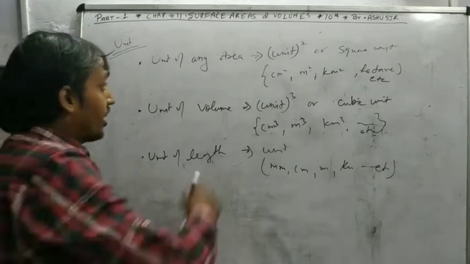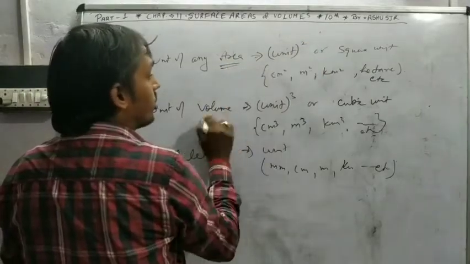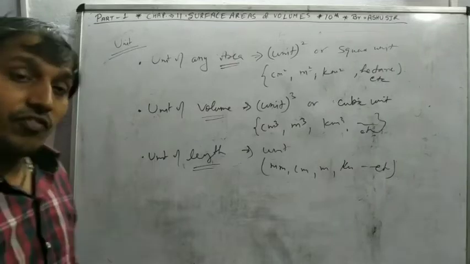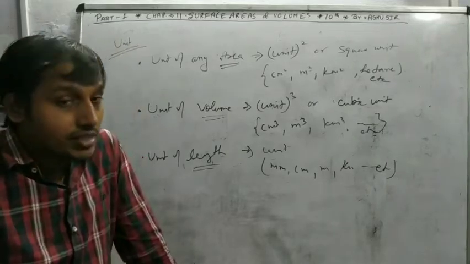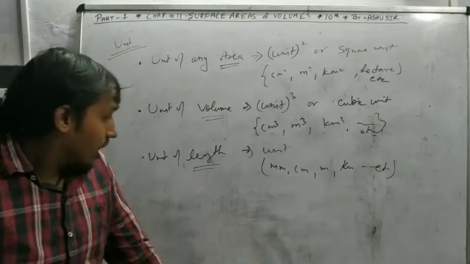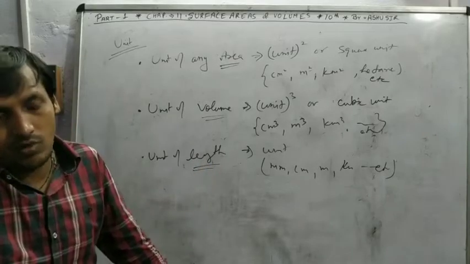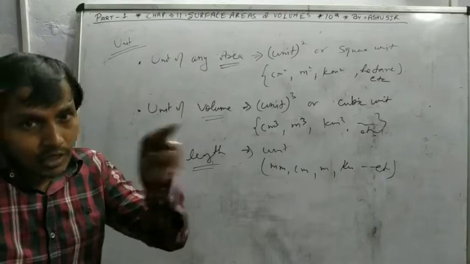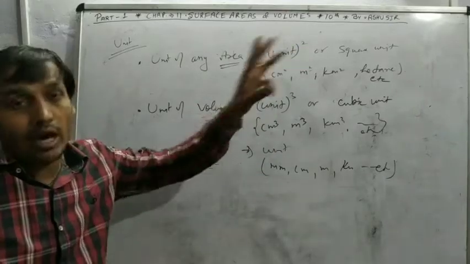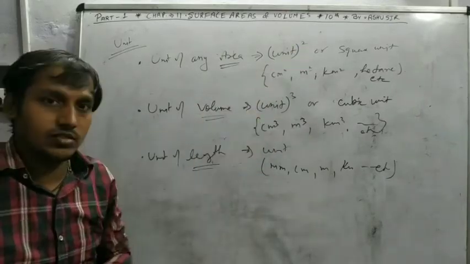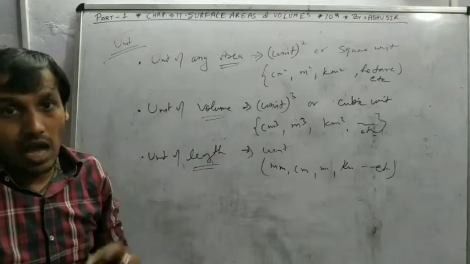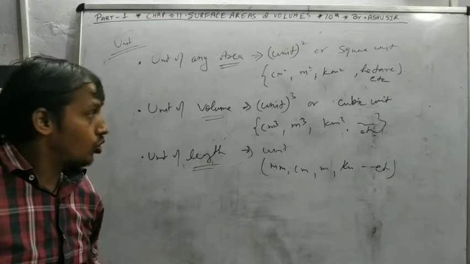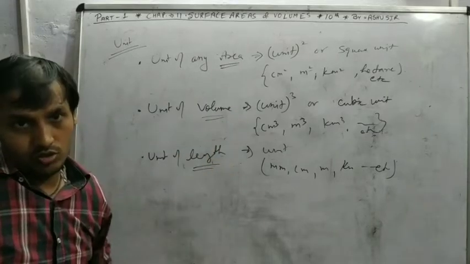So area has square, volume has cube, and length has no power. They are defined by the dimension, because length has only one dimension. Area has two dimensions, length and breadth, so square means the product of two dimensions. Volume has three dimensions, the product of length, breadth and height. So cube, square and none.